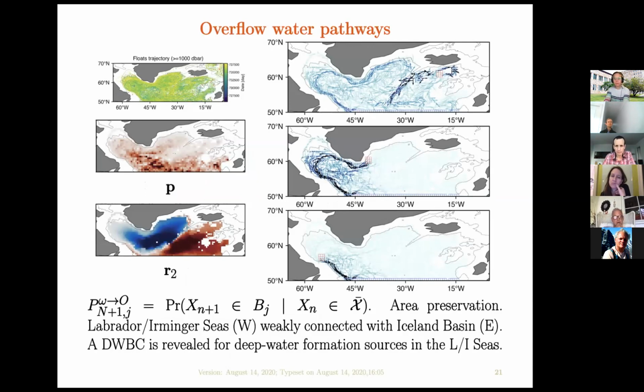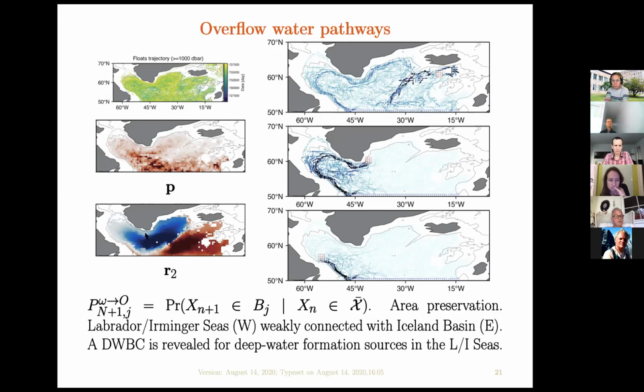So we went with Susan Lozier and collaborators, and we applied TPT in there a little bit, and we observed first that using this data, the subpolar gyre shows two disconnected regions.